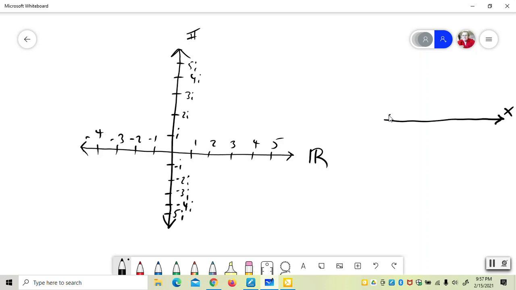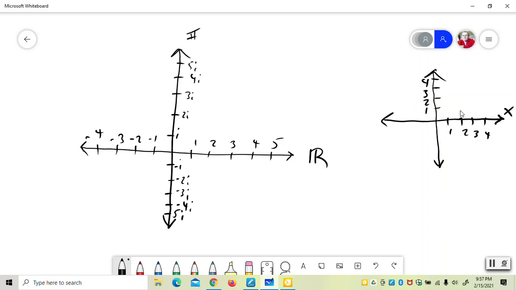So you have your X coordinate and your Y coordinate. So if you had 1, 2, 3, 4, I'm not going to put the negatives in, but they're there.